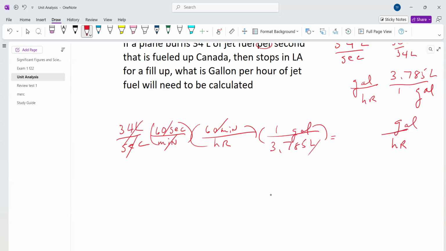Okay, does this make sense? Every problem we're doing, we do given to calculate. Correct. So you go 34 times 60 times 60 divided by 3.785, just like you said, exactly.